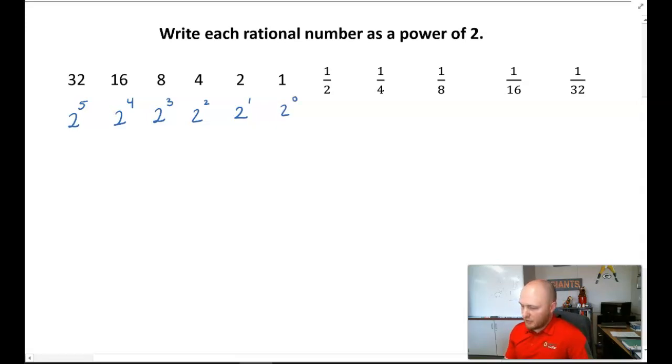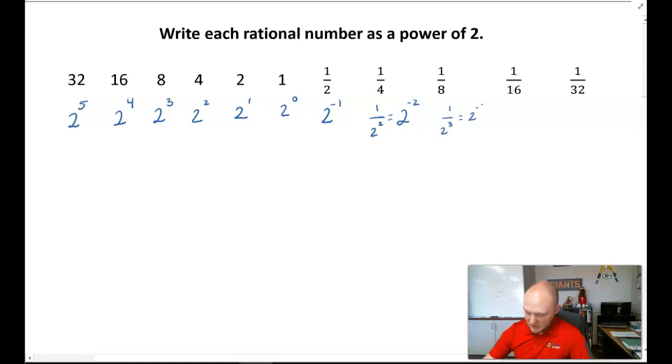Okay, now we have the reciprocals. 1/2. Well, this is 1 over 2 to the 1st. I'm just going to bring up the 2, and this is 2 to the negative 1st. 1/4. That's 1 over 2 squared, which is 2 to the negative 2nd. 1 over 8. Again, that's 1 over 2 cubed.